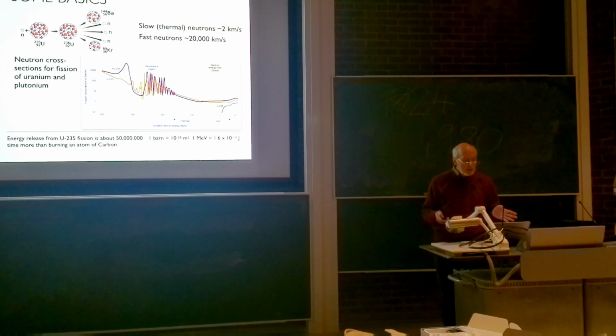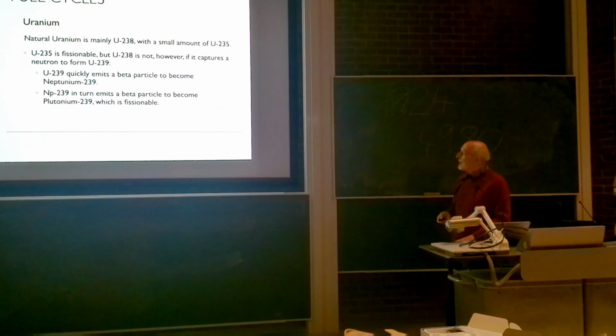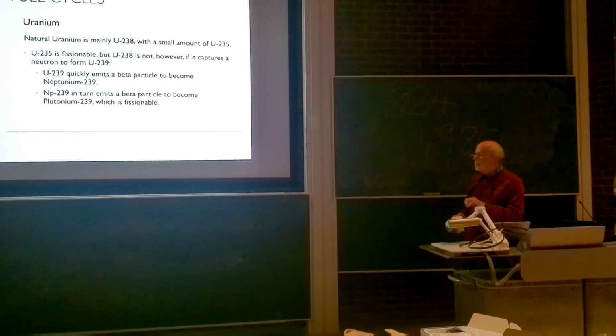So if we look now at the fuel cycles, there's a couple of them, the uranium fuel cycle and the thorium fuel cycle, which we'll come on to in a moment. So natural uranium is mainly uranium-238, but with just a very small amount of uranium-235, and it's 235 that is fissionable. 238 is not.